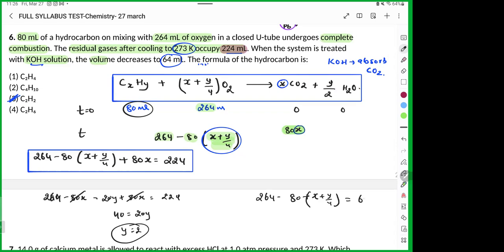This whole amount is equal to 64. See, the volume decreased to 64. Now the remaining amount is 64 because no CO2. When KOH solution is added, it will absorb all the CO2. The remaining amount is 64. Correct? You can calculate by using this because the y value is 2.